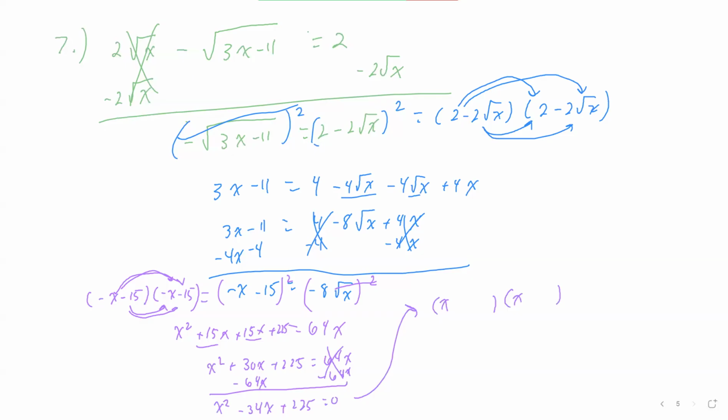Okay, so let's do this. What's 225 divided by 11? Nope. 225 divided by 10 won't go. We'll do 12. No. What about 225 divided by 13? No.